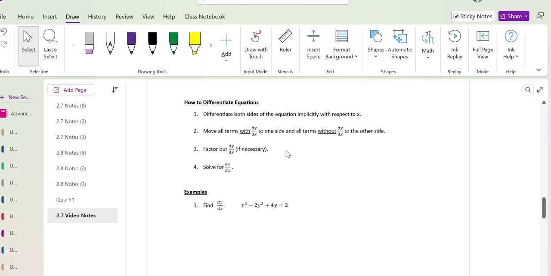So how to differentiate equations. When you're solving for something, you want to differentiate both sides of the equation implicitly with respect to x. So for example, I'm going to take the derivative with respect to x of each term. That is the first step.